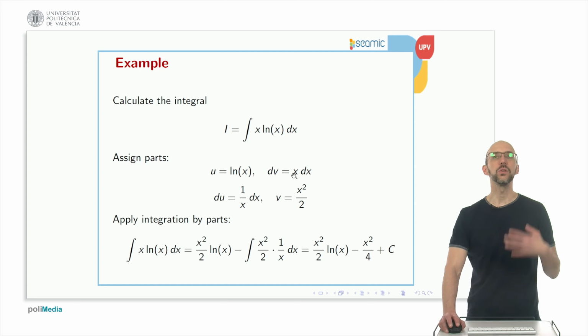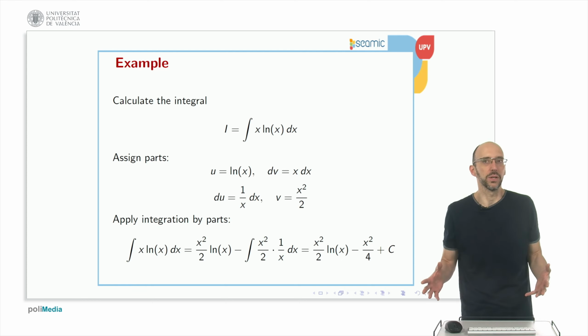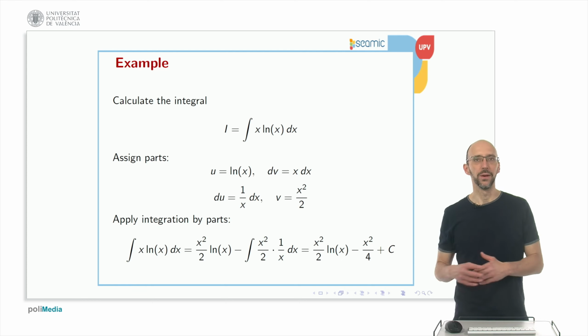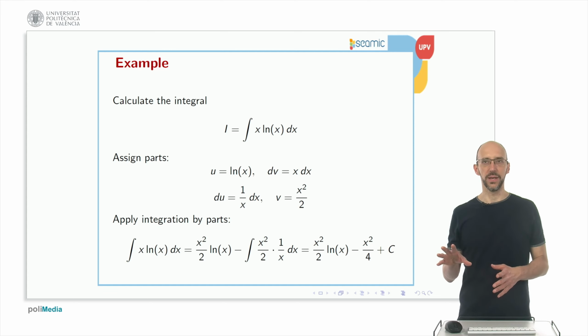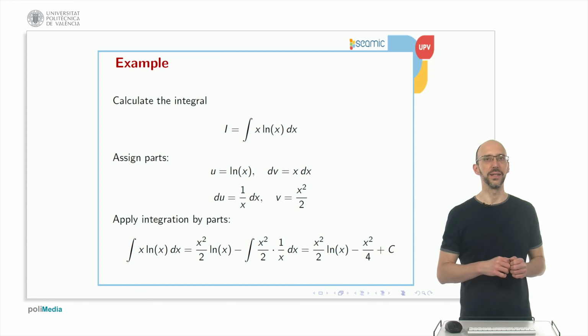The problem is that you need to integrate logarithm of x and you don't know which is this integral. Okay, maybe you know and then you are safe, but I don't. By the way, I know the integral of logarithm of x because it's all using the same method, but this is just for another day.